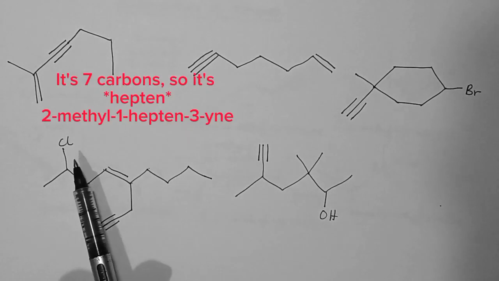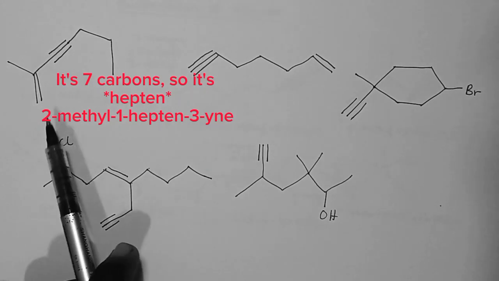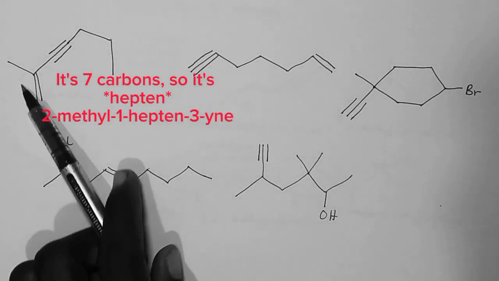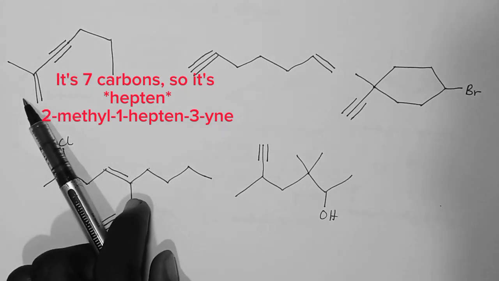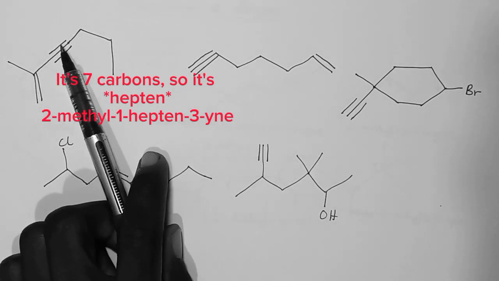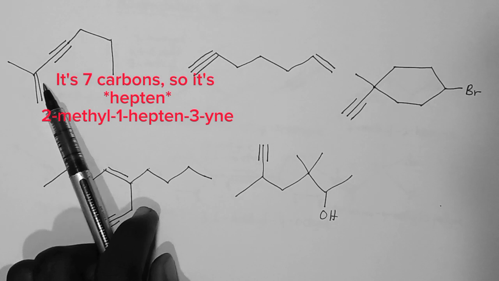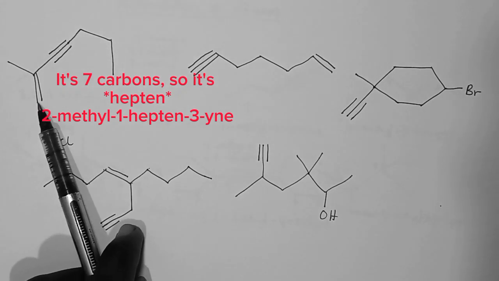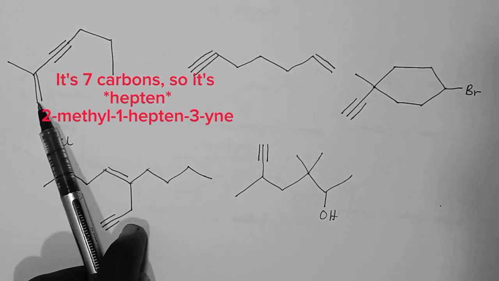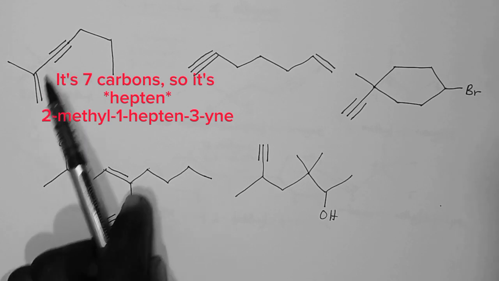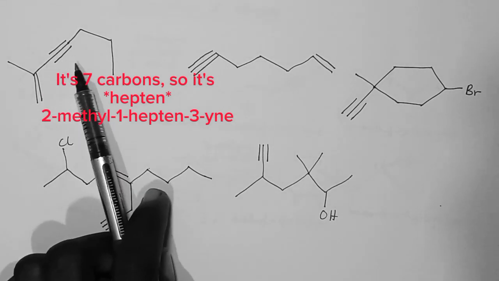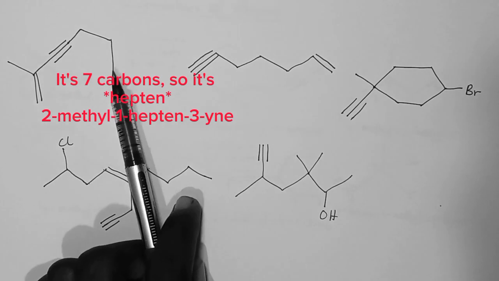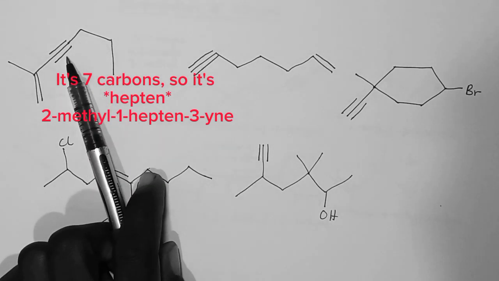Let's consider this. So the parent chain. Now in this molecule we have an alkene and we have an alkyne. The rule is that we need to start from the carbon that contains either the alkene or the alkyne, which gives the least number. So if we start from here, we will meet an alkyne.